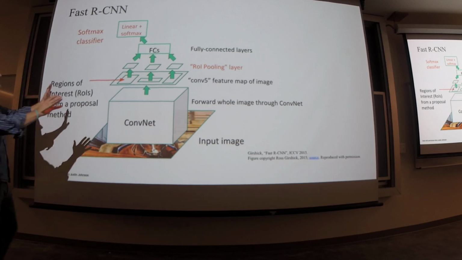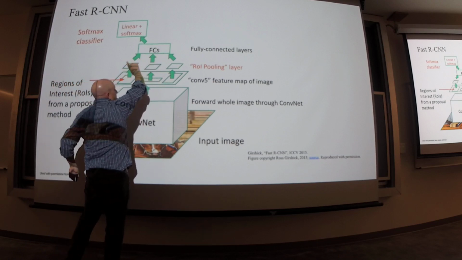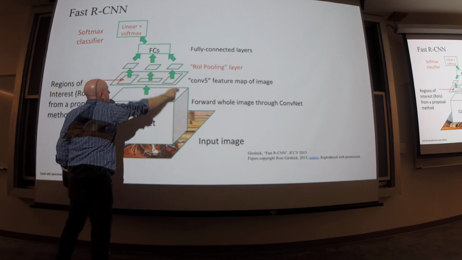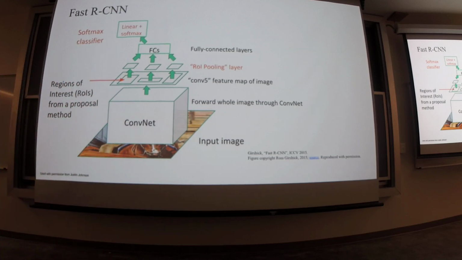It's the same network. This is the same fully connected layers connected to each one of these, and then from there the same softmax weights are learned, and then the same regression is done. But you're doing one of those for every single region of interest, and those are all being averaged together in the loss. So now you're learning this end to end.